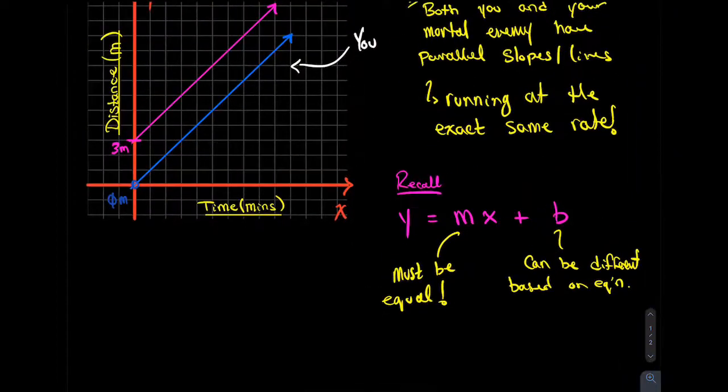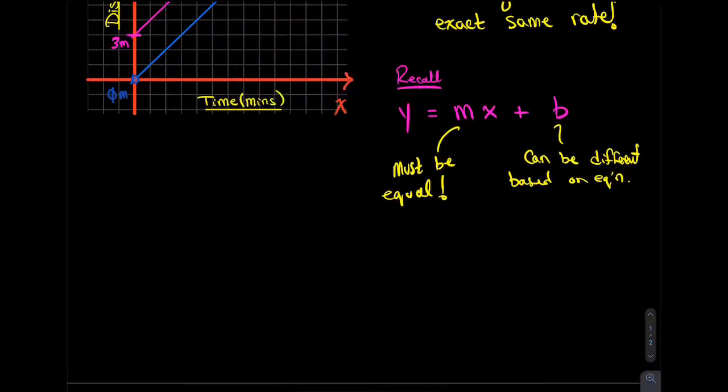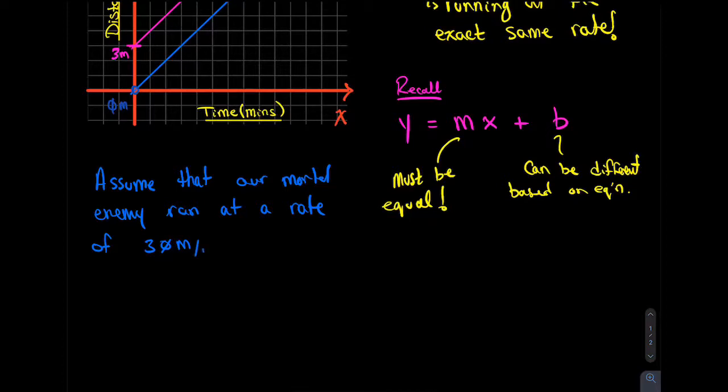So let's assume that our mortal enemy ran at a rate of, let's say, what would be reasonable? I don't know, 30 meters per minute.